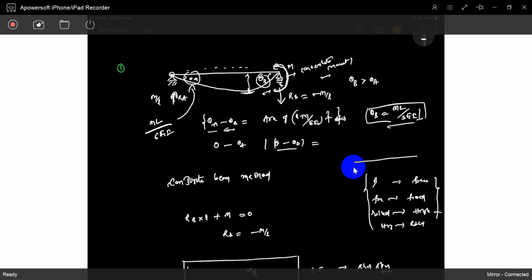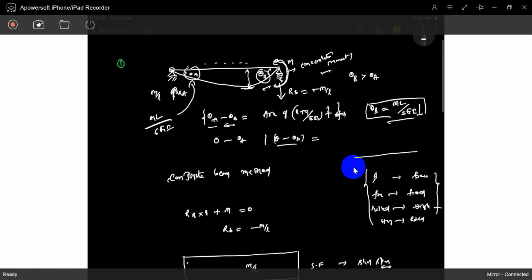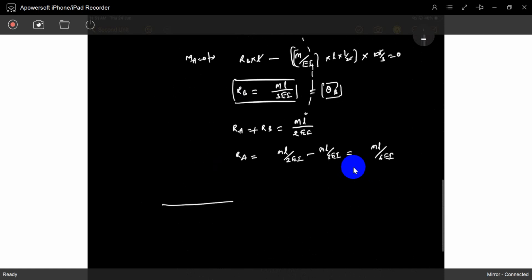This is very, very important, because the slope deflection method and the moment distribution method all depend on this statement. What is that statement? If you apply a concentrated moment at a joint on a simply supported beam, at the joint where the moment is applied, it will get a slope of ML by 3EI.